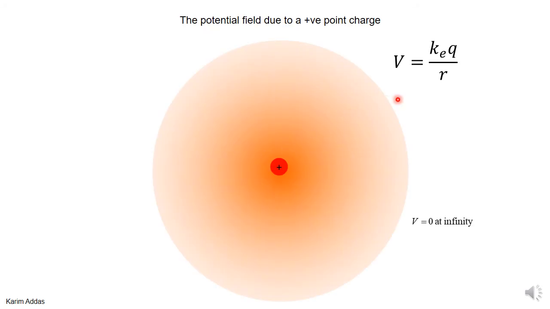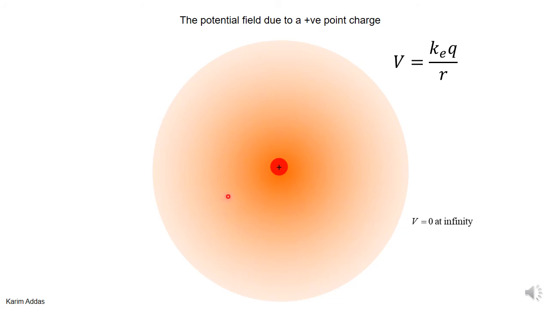So for this particular choice, that the potential at infinity is taken to be 0, the potential can be given as kq over r, and that means that the potential is spherically symmetric. If you go anywhere around a point charge, on a sphere of any radius, the potential has the same value.